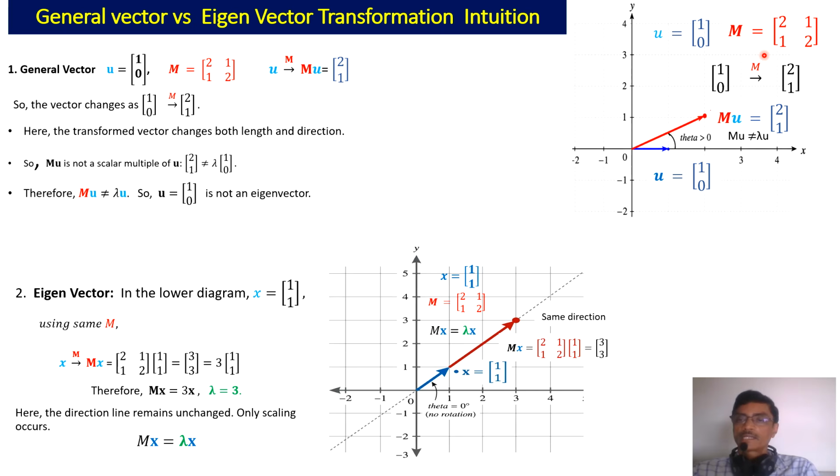After applying M, the transformed vector Mu becomes (2, 1). Here the transformed vector, shown in red, changes both in its length and direction. The original vector u lies along the positive x-axis, and Mu changes its direction as well as its length.